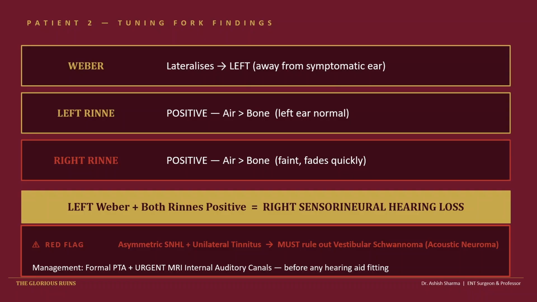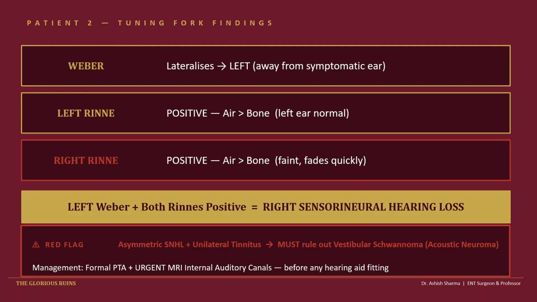Because a certain entity known as vestibular schwannoma, an acoustic neuroma, a benign tumor growing on the vestibulocochlear nerve, can present with exactly this profile. Asymmetric sensory neural loss, unilateral tinnitus, gradual onset, and if I miss it, that tumor would keep growing.